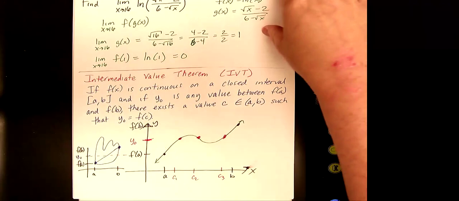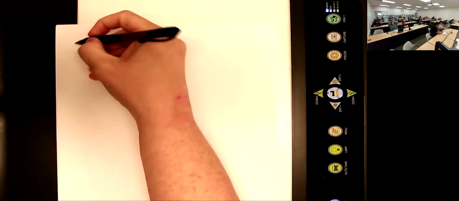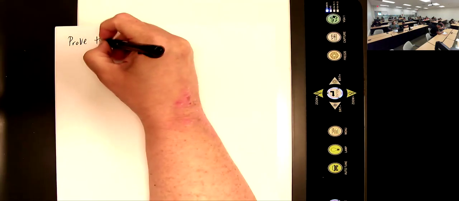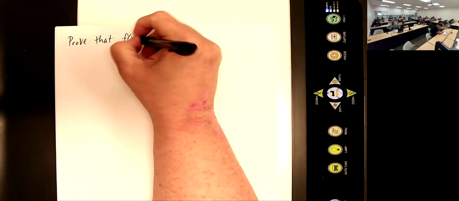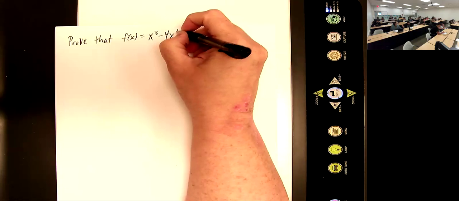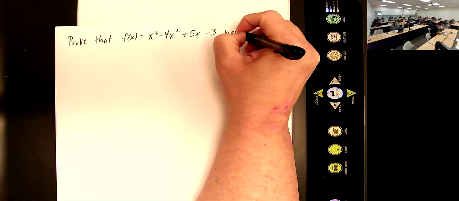I'm done. Thank you. This becomes really helpful when we're trying to find roots. So what we're gonna do is prove that f of x equals x cubed minus 4x squared plus 5x minus 3 has a root.